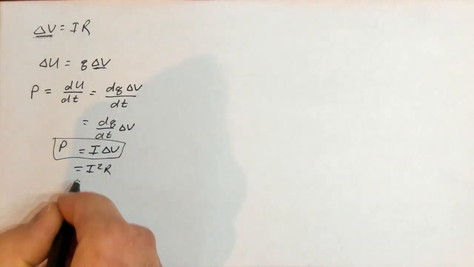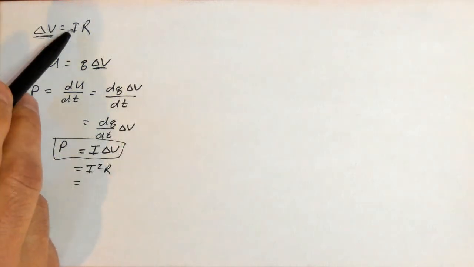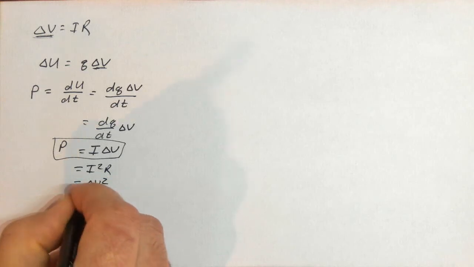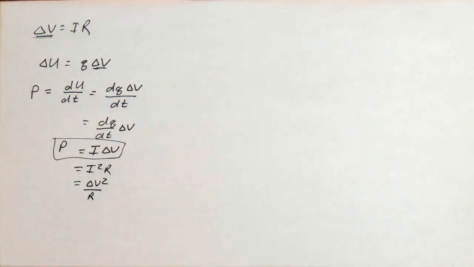I could also replace I through Ohm's law, I equals delta V over R, and I can get delta V squared over R. And in these different ways, we can figure out how the power dissipated changes with the different things that I might be in control of.